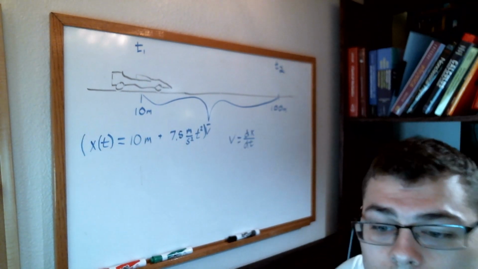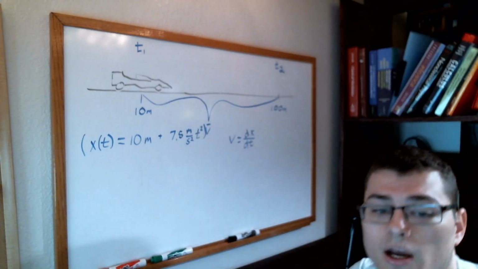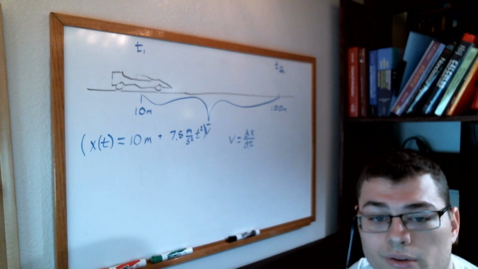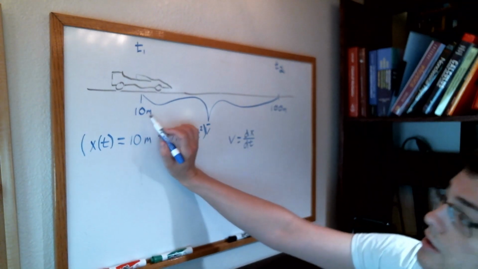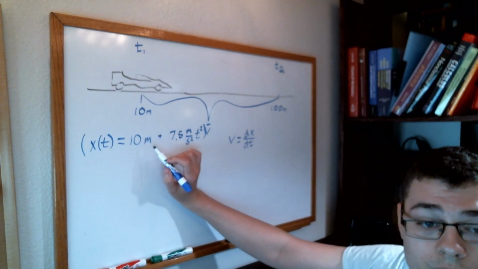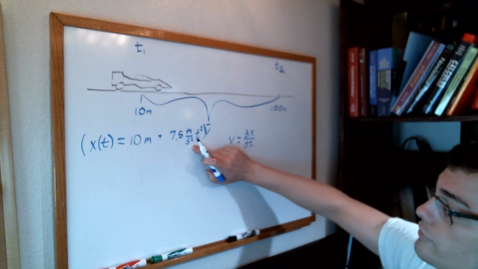Okay, so now what I've done is I have erased the 2 times at the top. We're not going to be considering those at the moment, but what I've now defined is the dragster's position as a function of time.